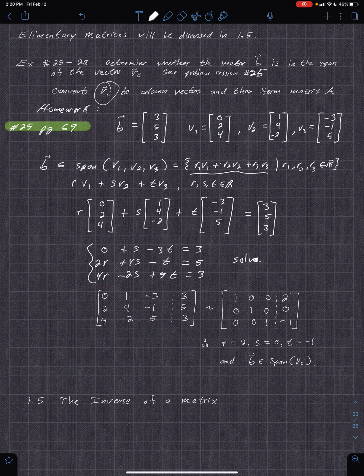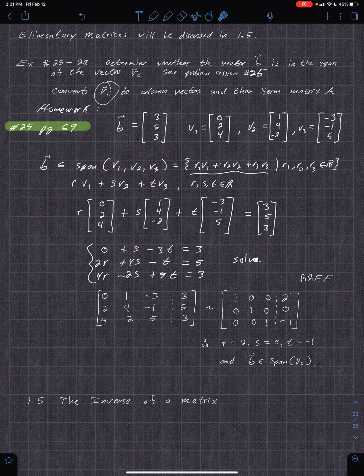So this is the reduced row echelon form, and you can see you have a solution. There exists a solution right here. So if R is 2, S is 0, and T is -1, that makes up B. So that would be B in the span of those vectors. When you do that, you get B, which implies it's a solution.